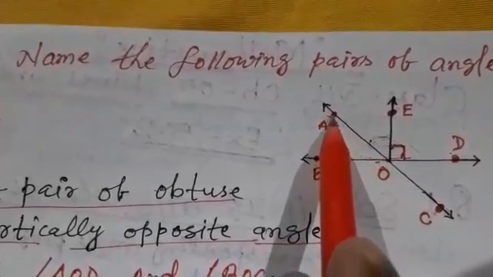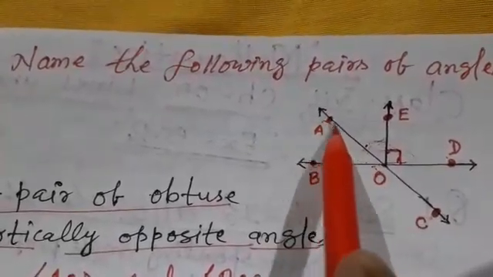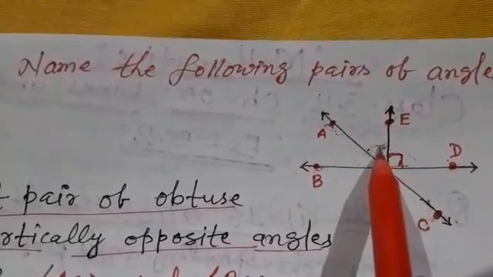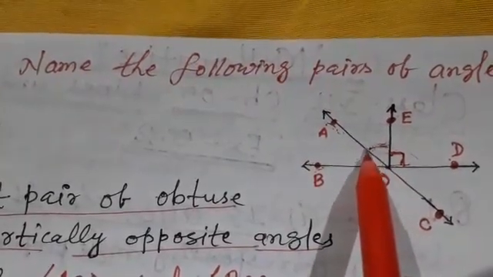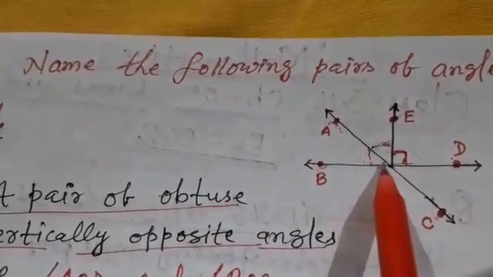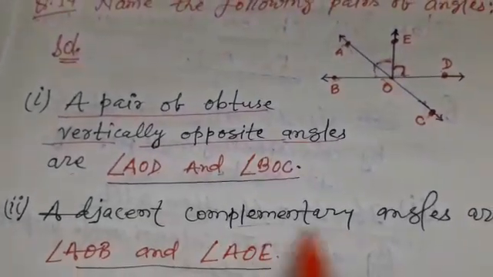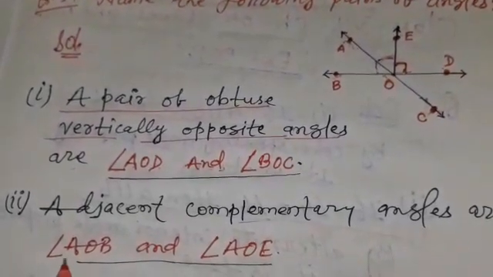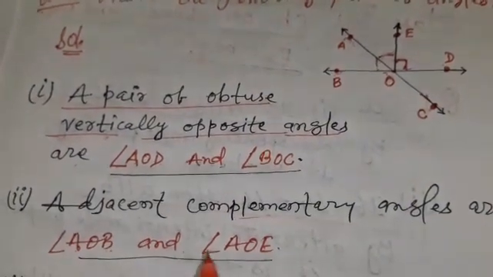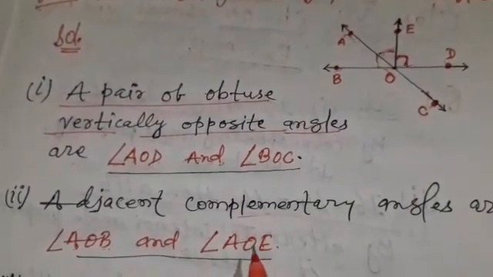So angle BOA and AOE form complementary angles. In this way we write here: adjacent complementary angles are angle AOB and angle AOE.